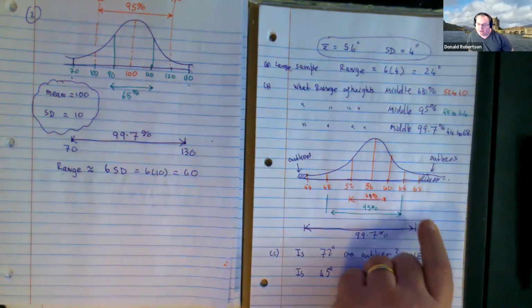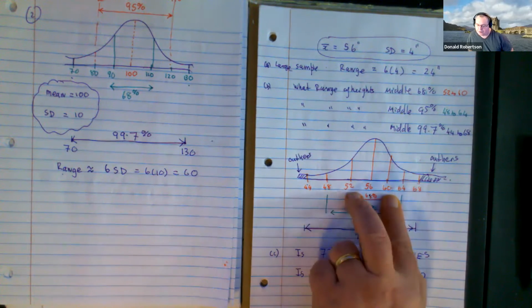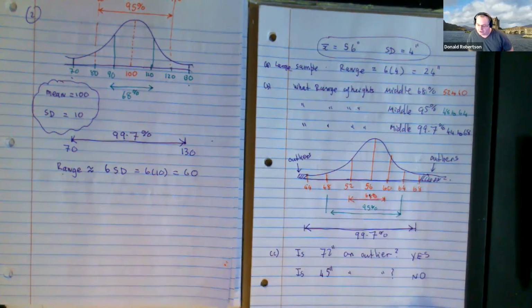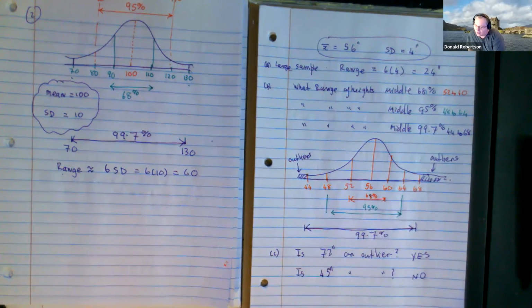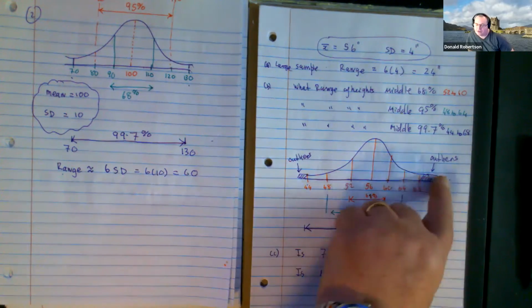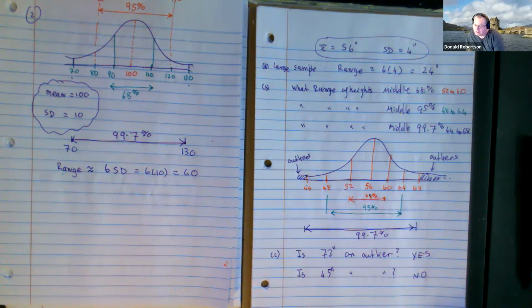And can't I even tell you the middle 68% of whatever it is you're measuring is between, in this case, 52 and 60? I can tell you this is an outlier or that is an outlier. All of that is contained essentially inside this diagram, isn't it? Called the empirical rule, or as I prefer, the 68, 95, 99.7 rule.